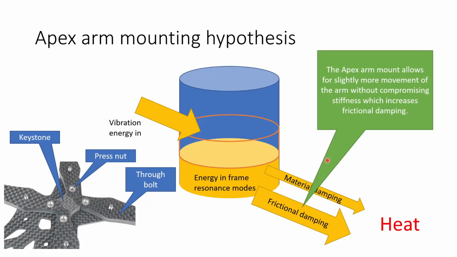I believe that the way in which the apex frame is designed and the way in which its arm mounts are designed allow slightly more movement of the arms relative to the frame than a typical arm mounting design, and that by allowing that extra movement, it increases the amount of frictional damping in that frame. If you're interested in that, there's a whole video on the vibrational performance of the Impulse RC Apex frame on my channel, and I'll link it down below.